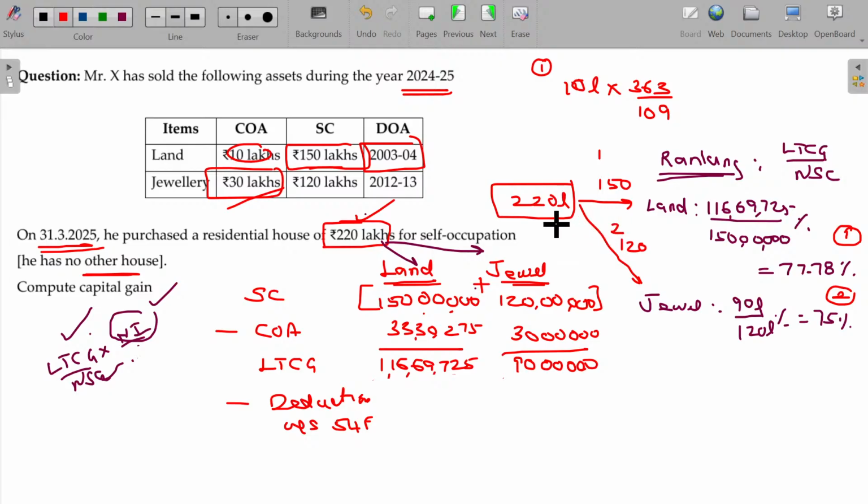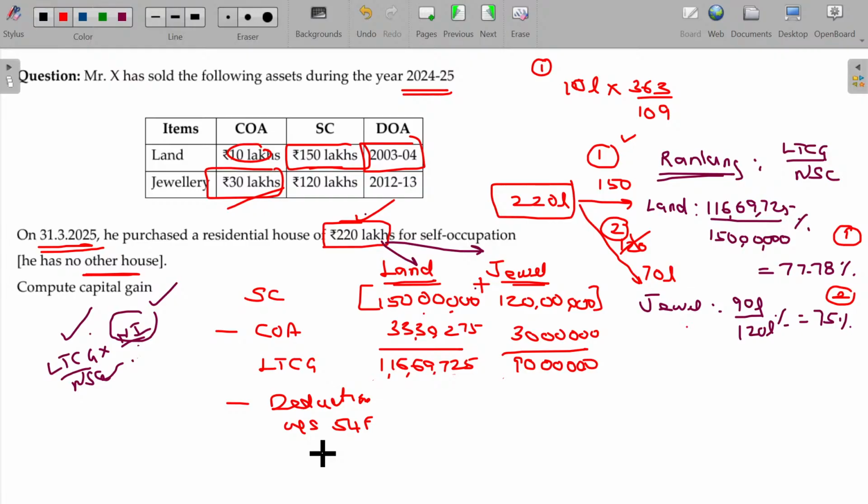But you have not invested 270, only 220, so you can claim the land fully. Whatever balance is left over, 70 lakhs, can be assumed to be invested and deduction claimed for the jewelry capital gain. So the investment you made is now segregated for land deductions as well as jewelry deductions. While claiming, whether it's for land or jewelry, you need to apply the ranking principle.